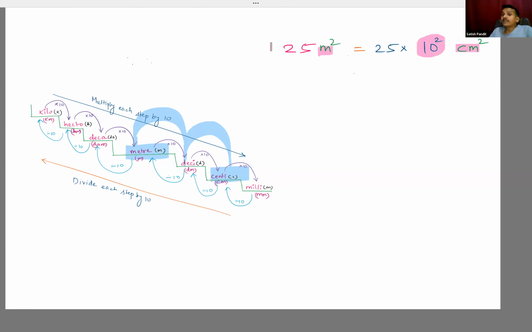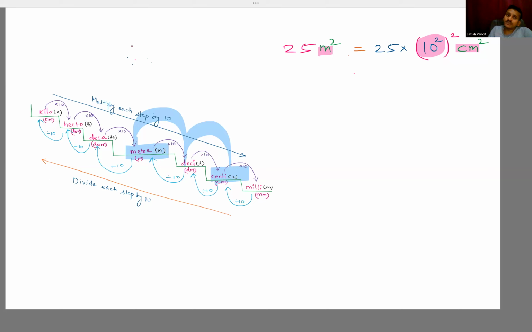But it is meter square, right? So since it is a meter square, you convert meter to centimeter first, then put power 2 because it's a square unit. You should not put the square for the fixed number. You have to put the square for that meter to centimeter. So 10 to the power 2 to the whole power 2.